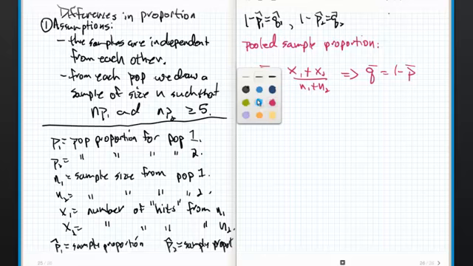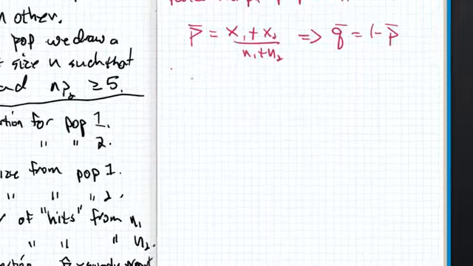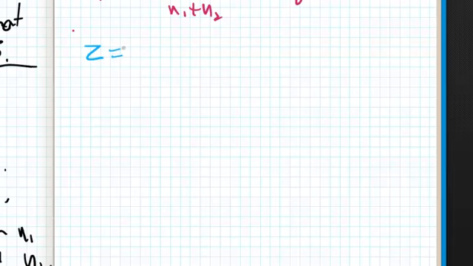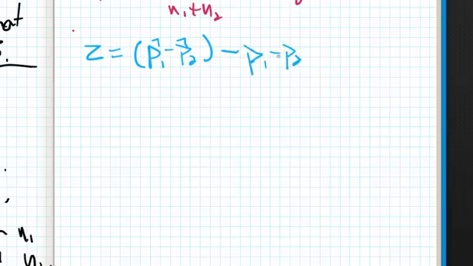Now, here's where it gets fun. All that you need is a z statistic. We're going to do it with z, remember, because we know with binomials, as long as this condition is satisfied, we're in good shape. So z is P1 hat minus P2 hat, minus (P1 minus P2).